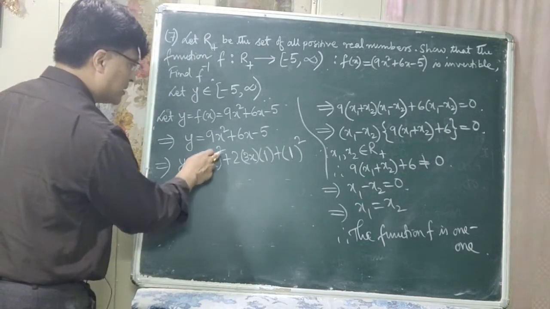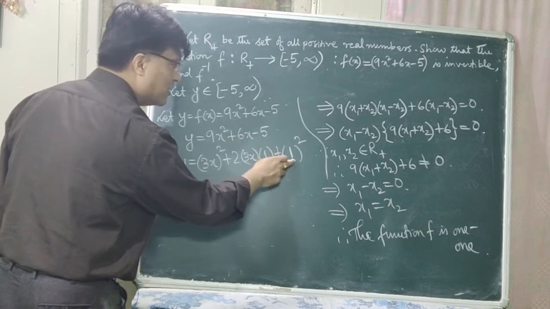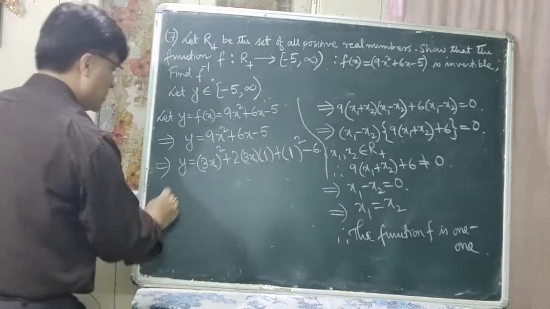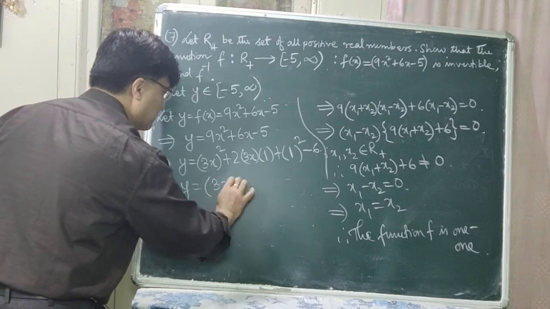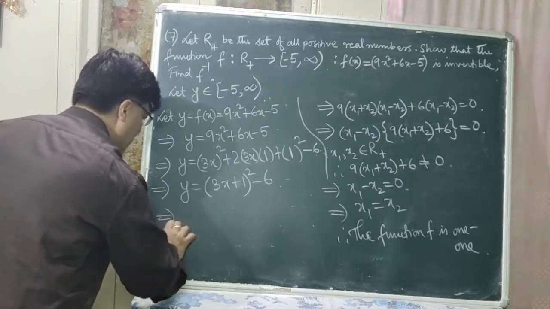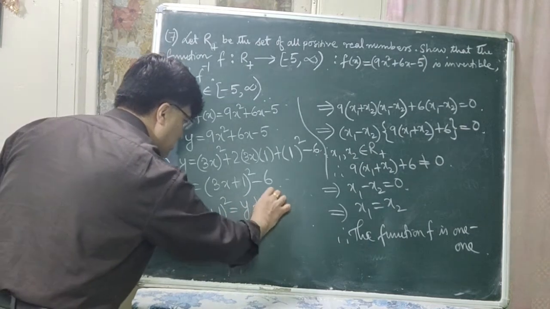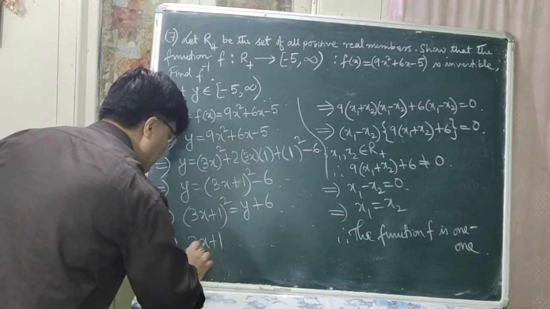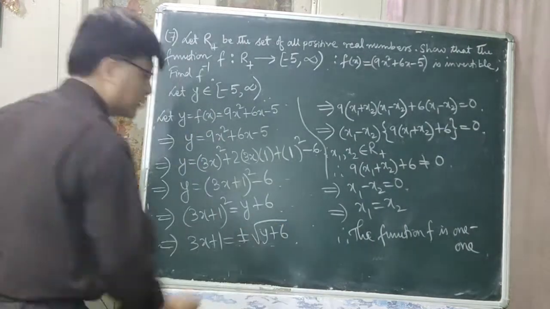So we are getting 9x square, it's correct. 2 times 3x is 6x, into 1 is 6x, that is also correct. But here it is 1, whereas there is minus 5. So what will we write here? Minus 6. So which implies that y is equal to 3x plus 1 whole square minus 6, which implies that 3x plus 1 whole square is equal to y plus 6, right? Which implies that 3x plus 1 is equal to plus minus root over y plus 6.